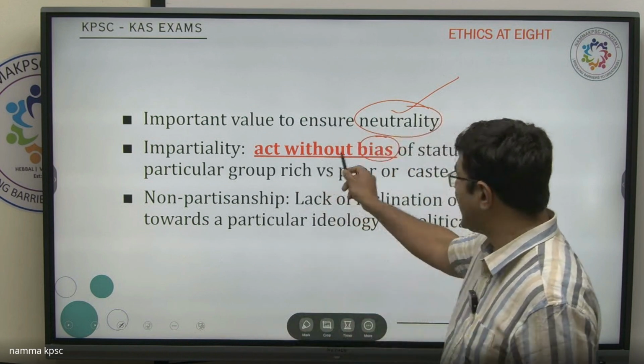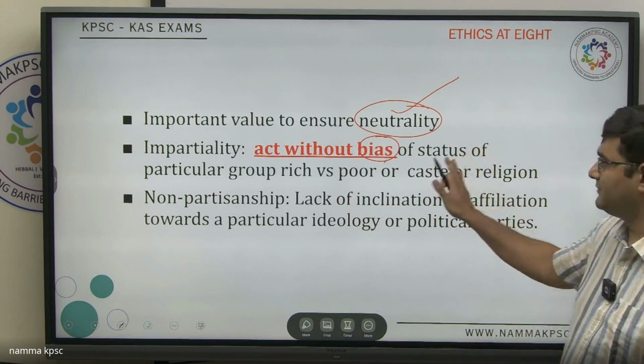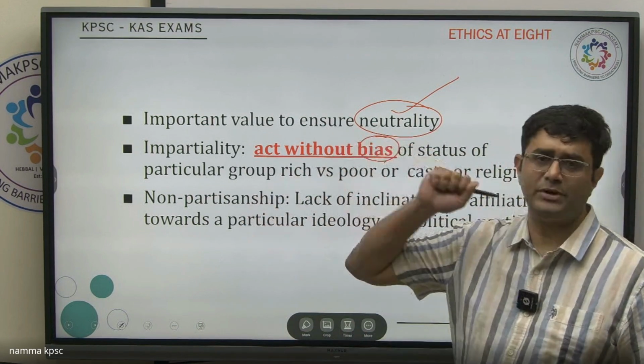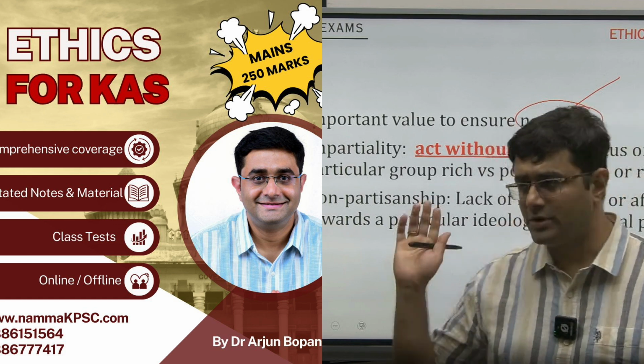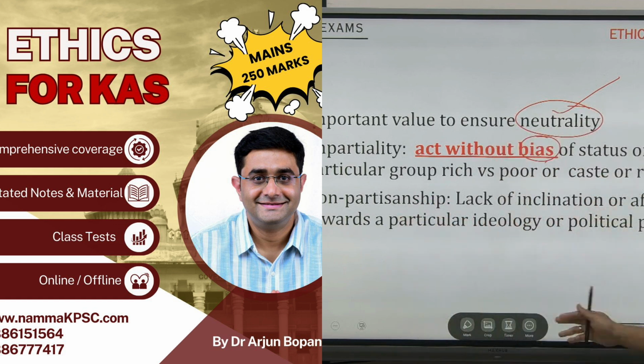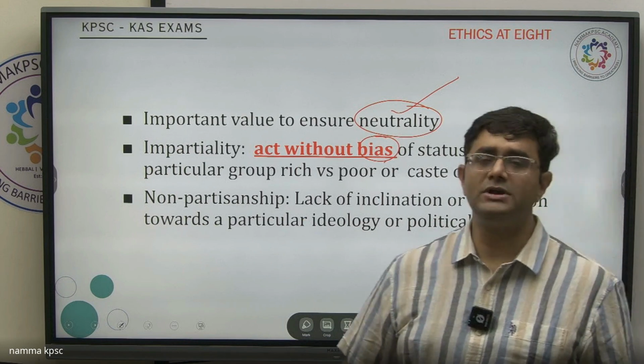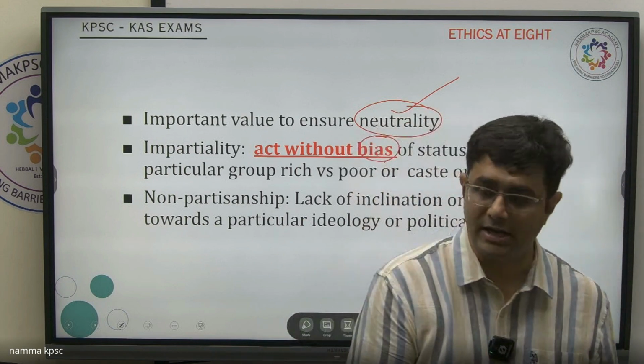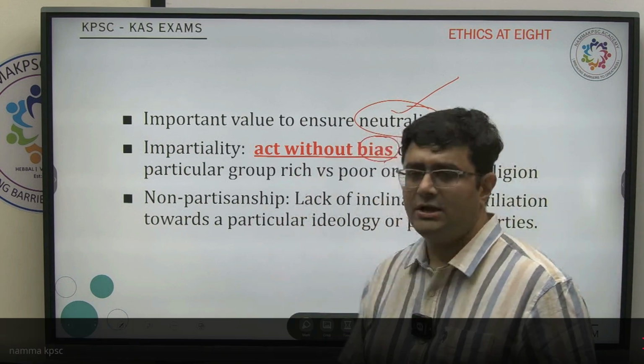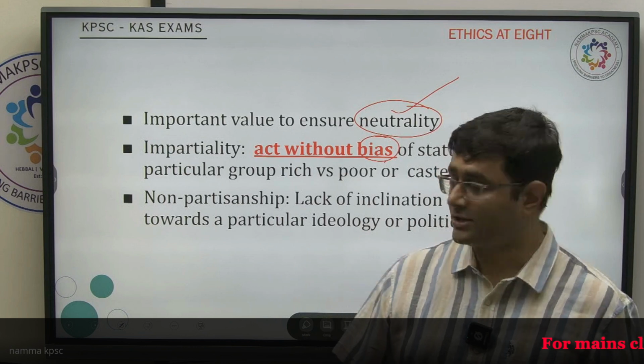You will act without bias, without taking into account the status of a particular group, rich or poor, caste, religion or gender. You don't take any decisions based on these factors. You will be objective in the way you take your decisions.